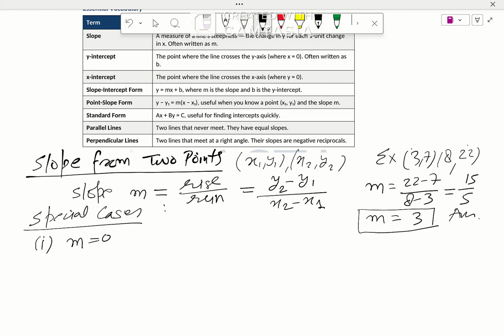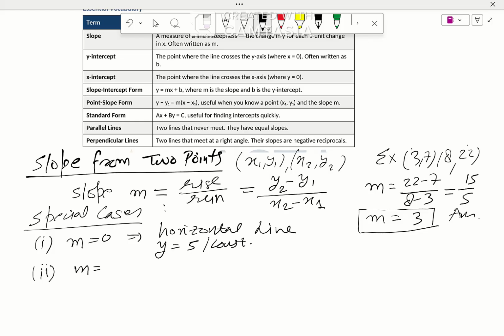It does not rise, which means it is a horizontal line. It will have a form like y is equal to 5, or some constant, and that constant can have any value.